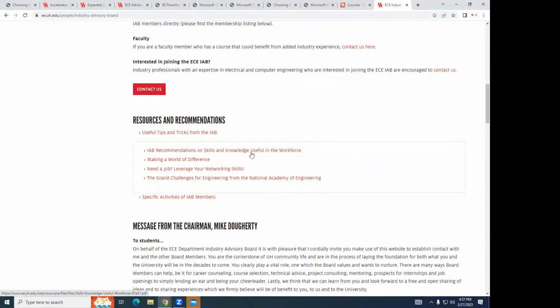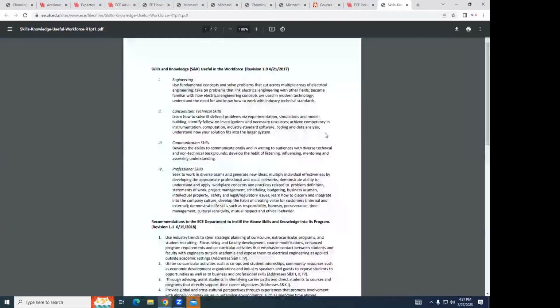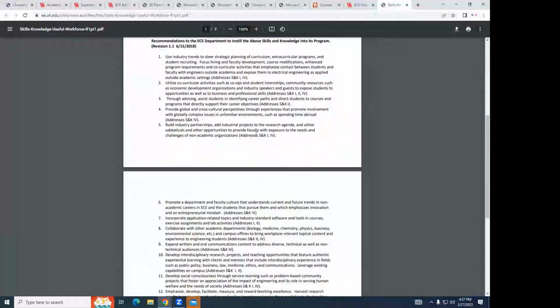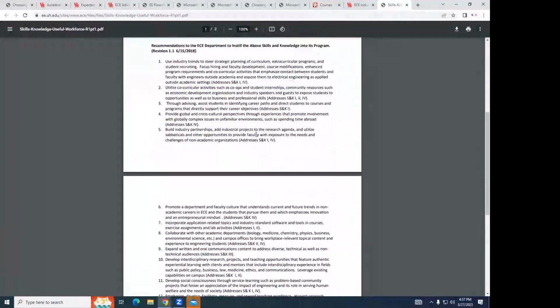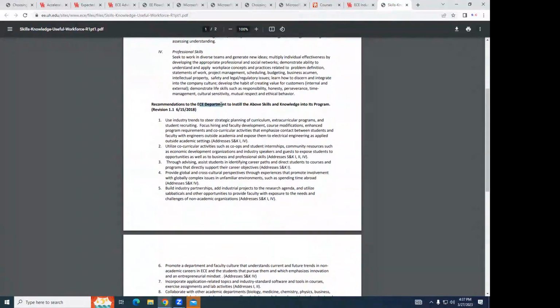IAB recommendations on skills and knowledge useful in the workforce. They spent a long time putting this together. These are the things they think you need to know in the general engineering workforce. And here are some specific recommendations to the ECE department.